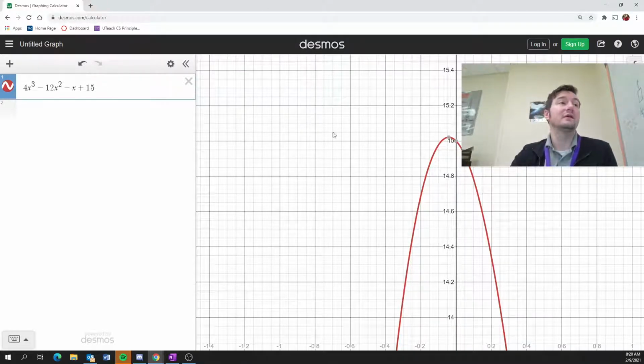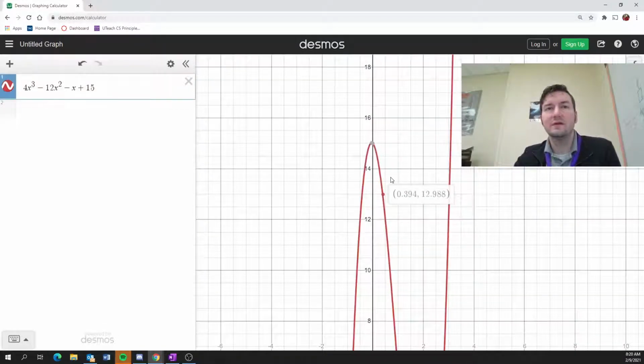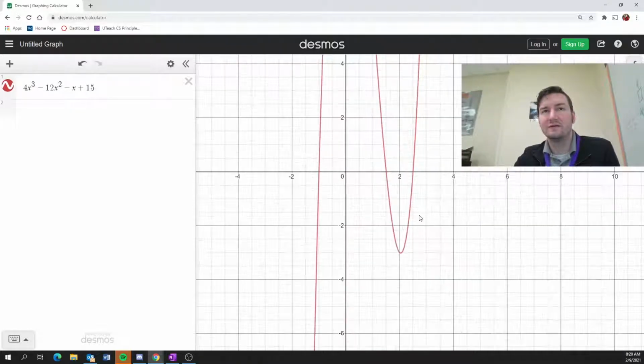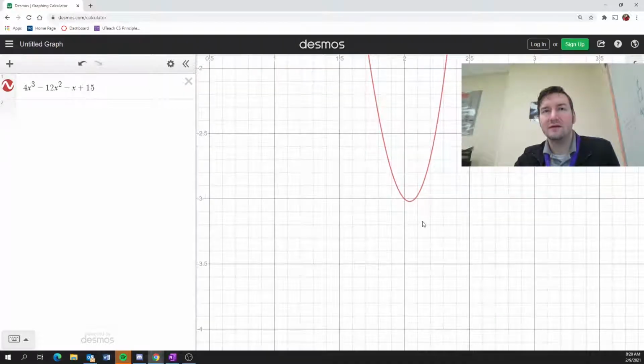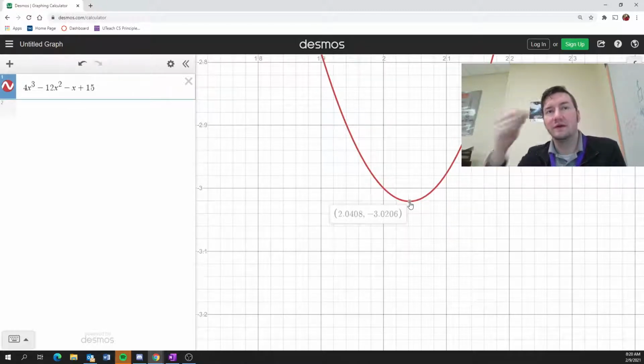Now we want to look at our local minimums, and sometimes there can be more than one. In this case, we only have one local minimum right down here, and it's the exact same principle. In this general area, in this local area, we have a local minimum right here.